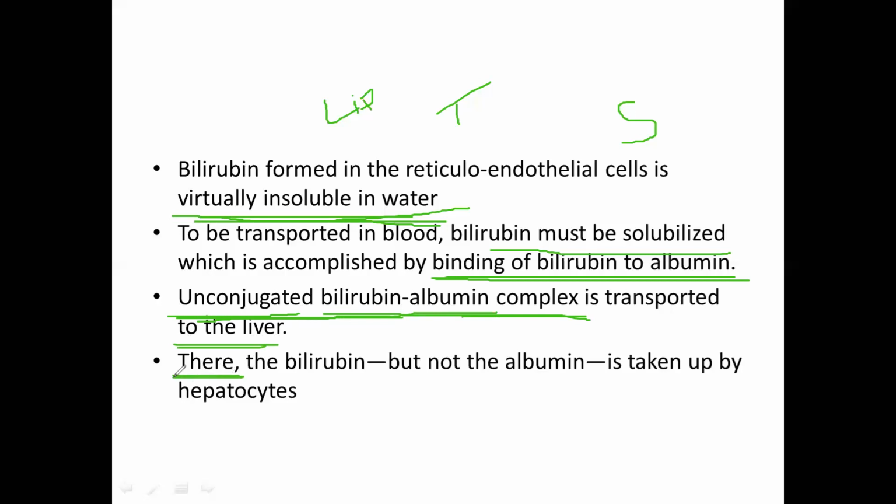At the liver, only the bilirubin is taken up by the hepatocytes and not the albumin. So out of this albumin bilirubin complex, only bilirubin is taken up by the hepatocytes and not the albumin.